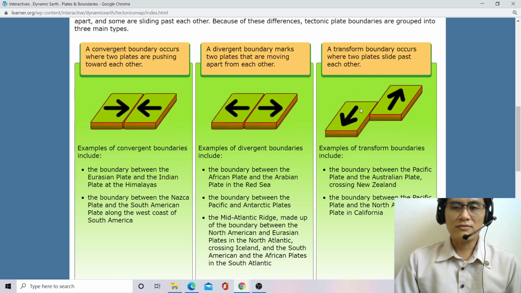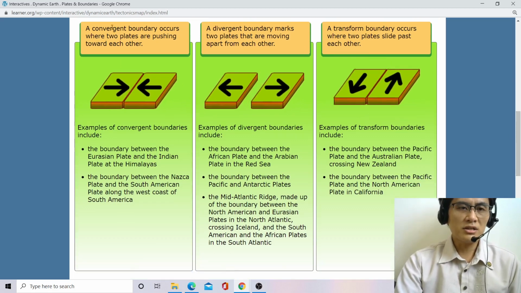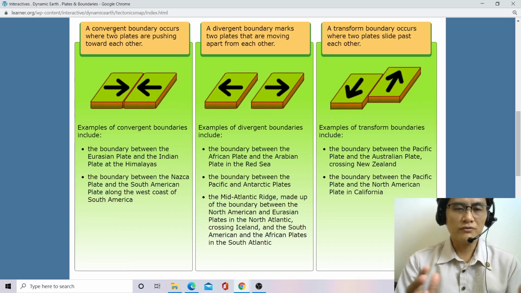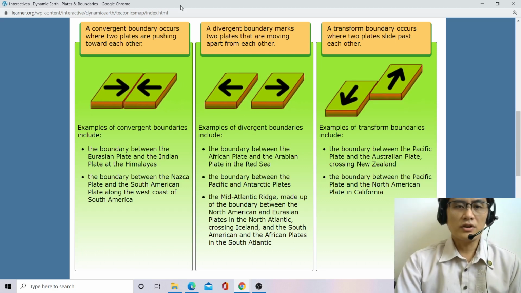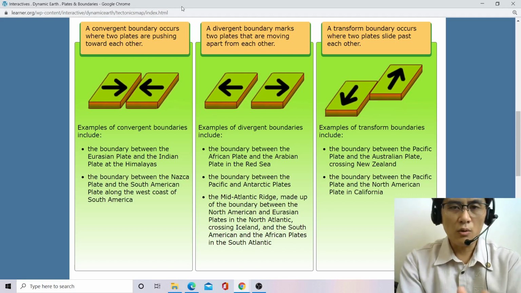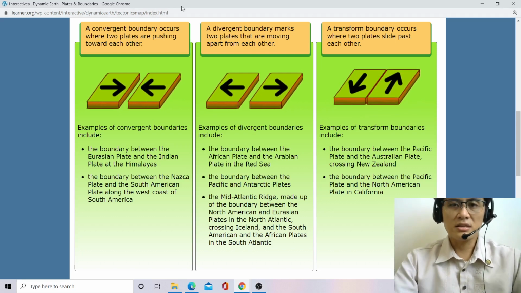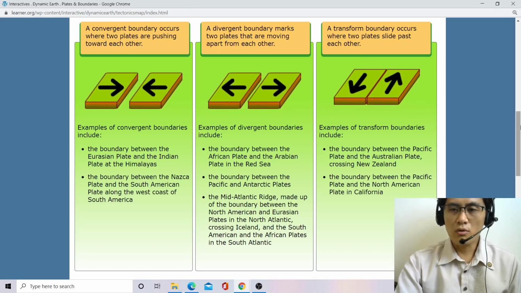That's what we call a transform boundary. If you dig deeper, the word convergent is from convergence. Convergence means to meet. Divergence means to move away into different paths. And so that's why we call this convergent boundary, divergent boundary, and transform boundary.